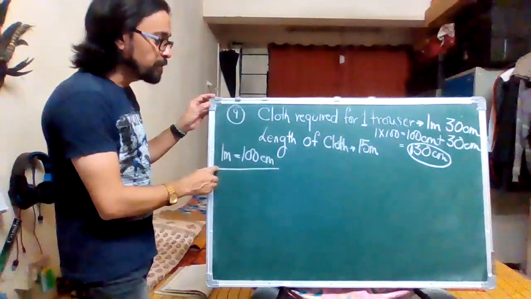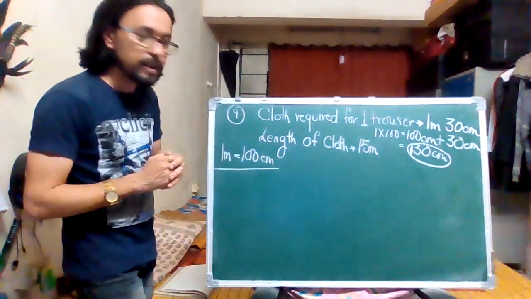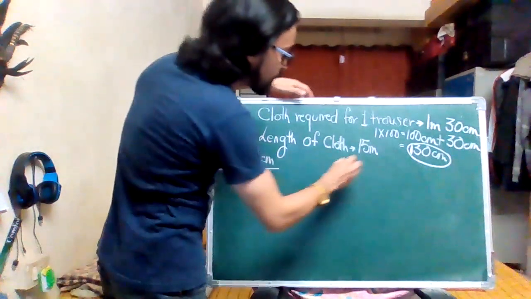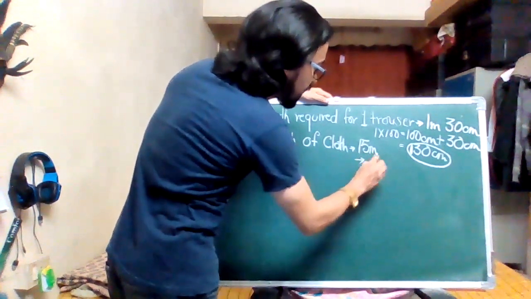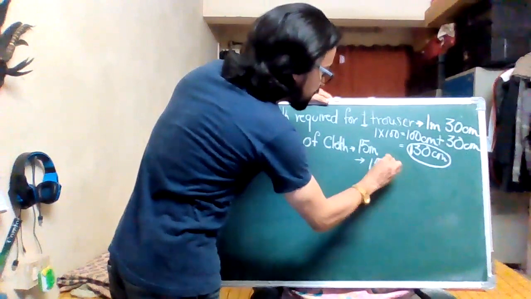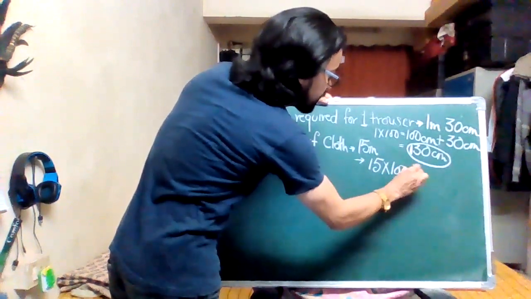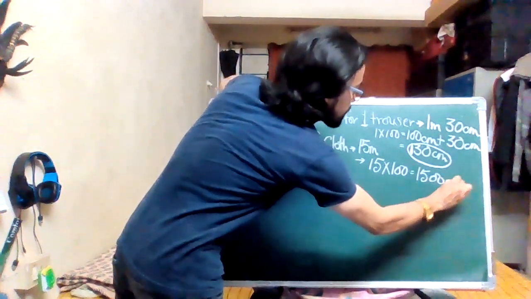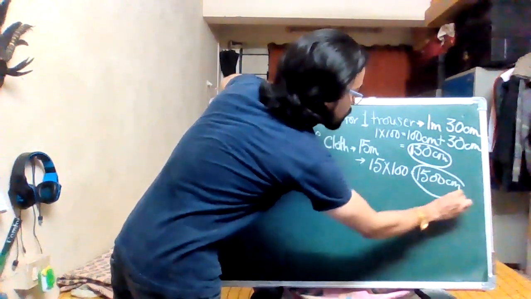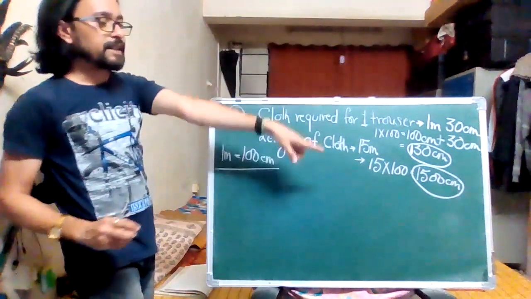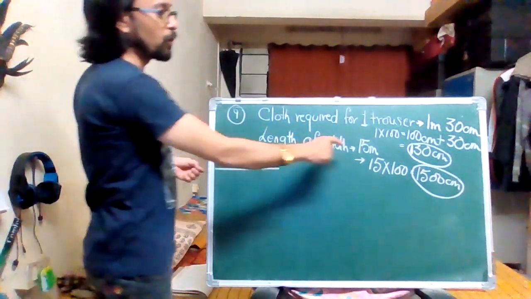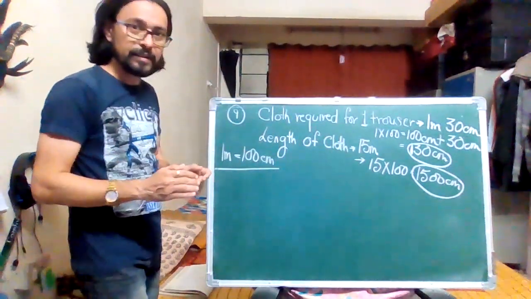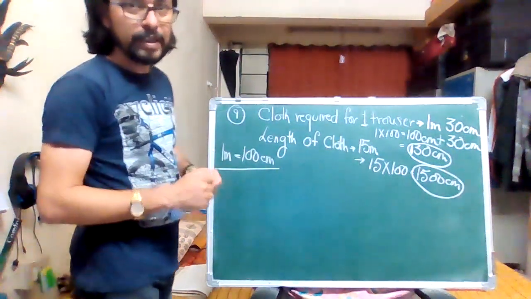Why? Because 1 meter is equal to 100 centimeters. So I will multiply 15 by 100, and I will get 1,500 centimeters. I will circle this also because that is the length of the cloth that we have before the trousers are going to be made.